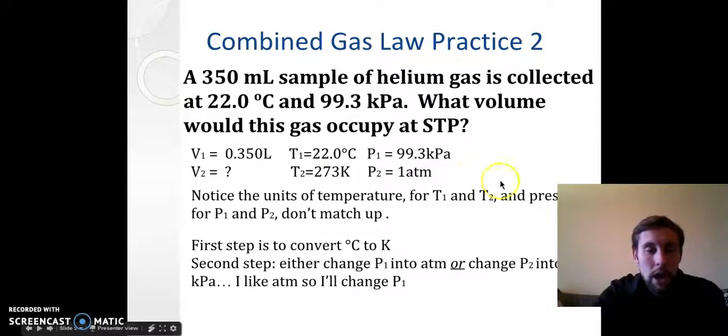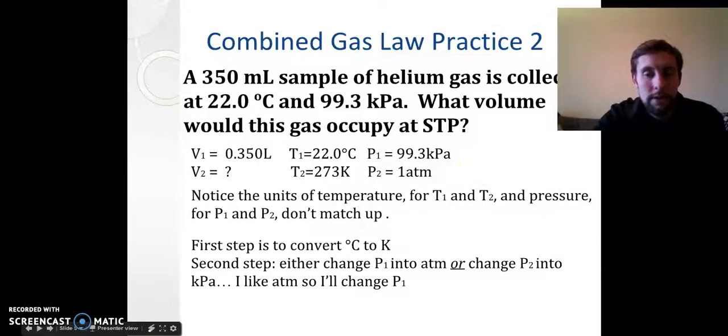So, notice that our units of temperature right now are not the same, and our units of pressure don't match up. First step, we have to get our temperature into Kelvin. So to do that, we have to add our 273 to it to get to Kelvin. Second step, we have to change our pressures.